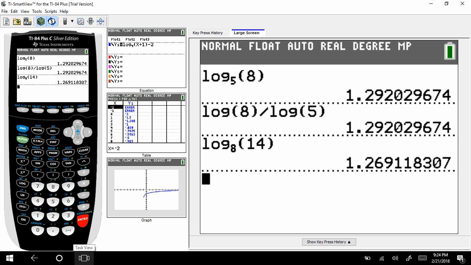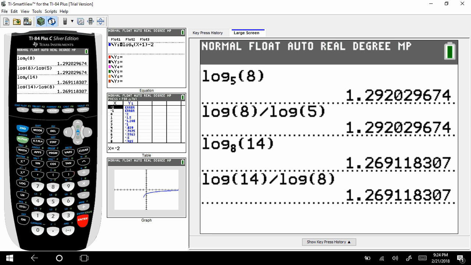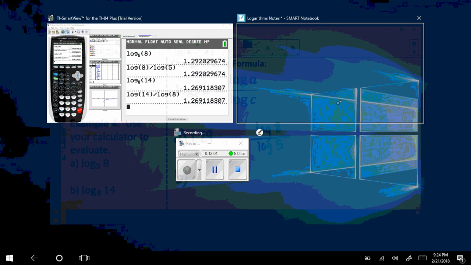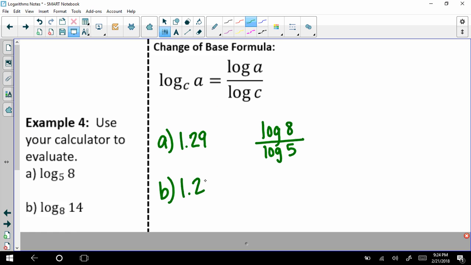And if you don't have it, then what you type in is log 14 divided by log 8, and you'll get the same answer. So 1.27. Again, you only have to do the change of base formula if your calculator doesn't have the log base function, which most all your graphing calculators should.